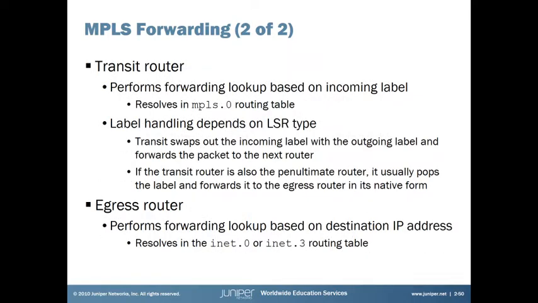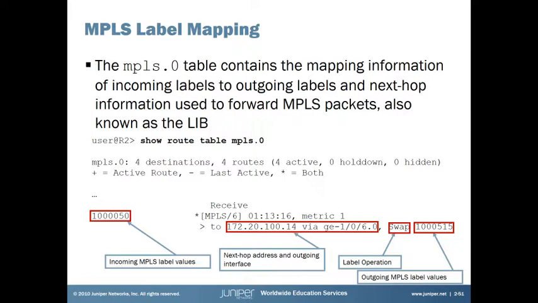Transit routers use the mpls.0 table for the lookups and swaps. Or sorry, the penultimate router will do a pop operation and forward the packet on. The egress router gets the packet without a label and does a lookup based on the IP address.